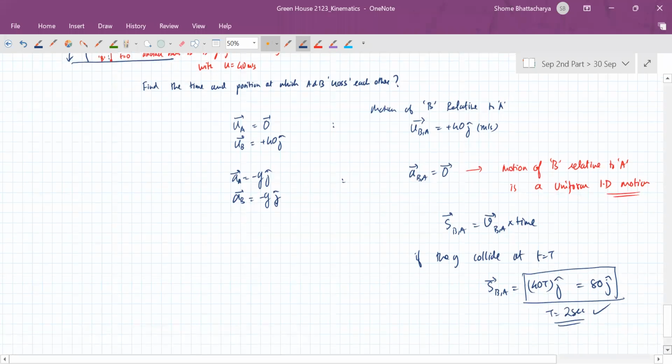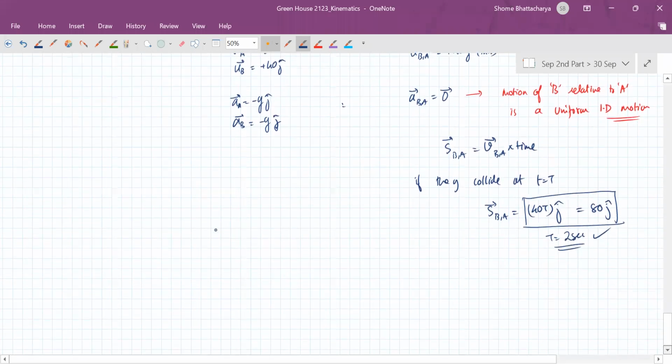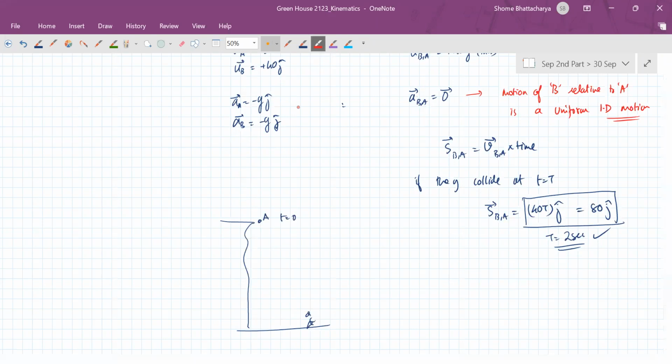And once you understood this, now you can understand the position where they collide with each other. For that, you look in the ground frame. You'll see that A started from here at t equal to 0. So in t equal to 2 seconds, A makes a displacement of magnitude half gt squared. So this will be 20 meters in time 2 seconds.